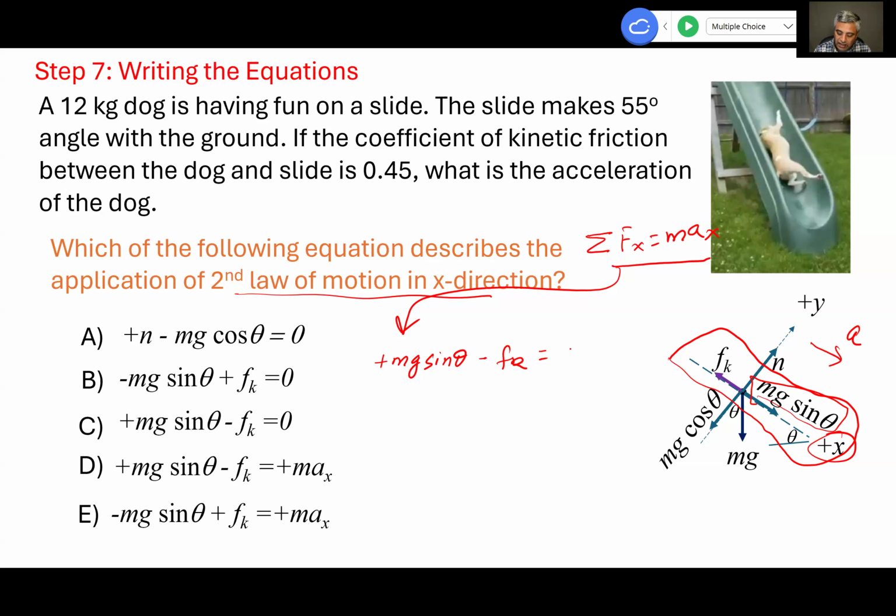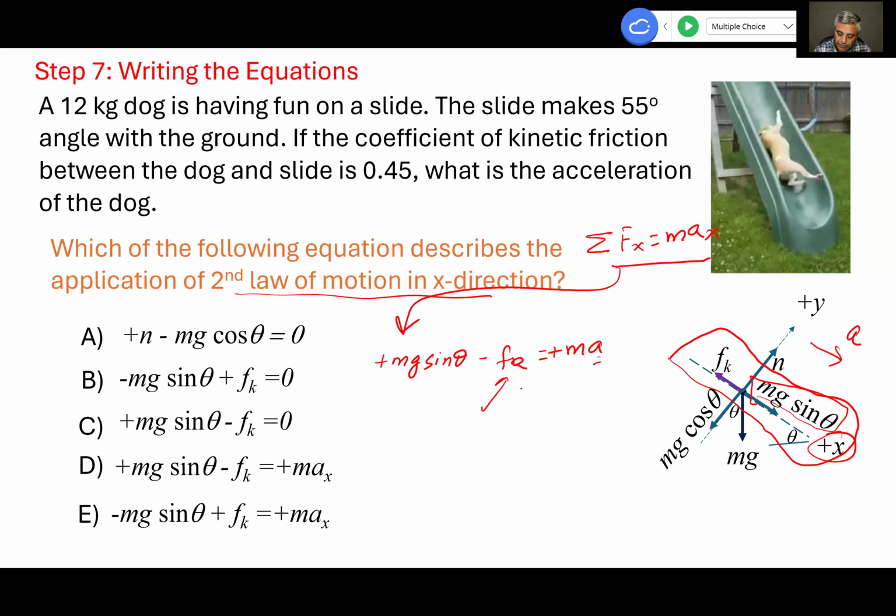So since we are calculating acceleration, we could just write max, or since we know the direction, we can even just write positive m times a, where a is the value of acceleration. Direction we already know, downhill. So that's how that equation comes in.